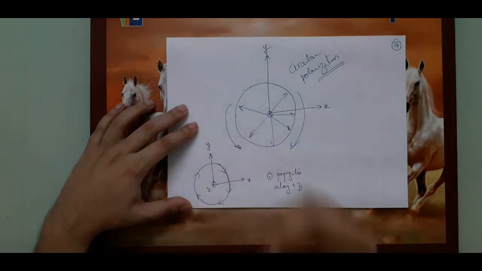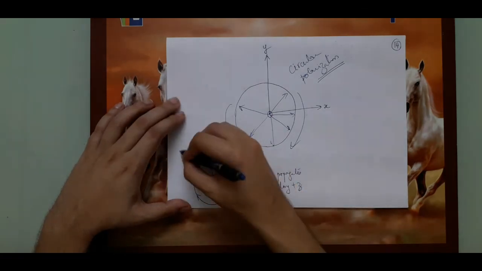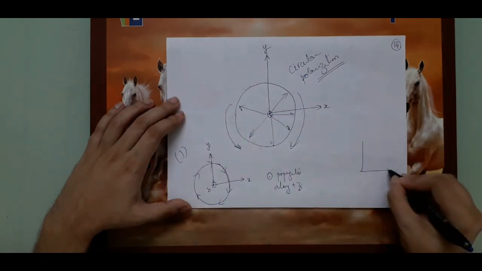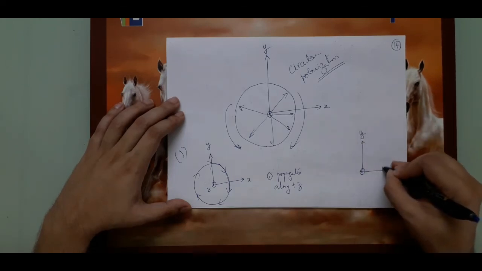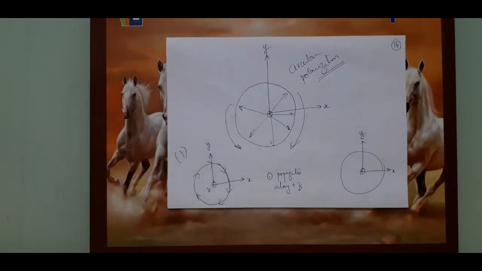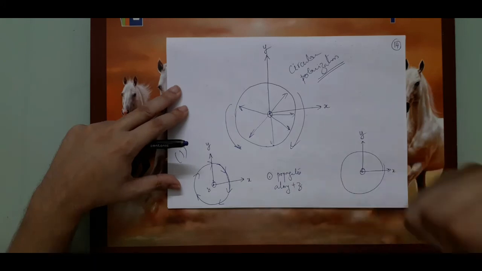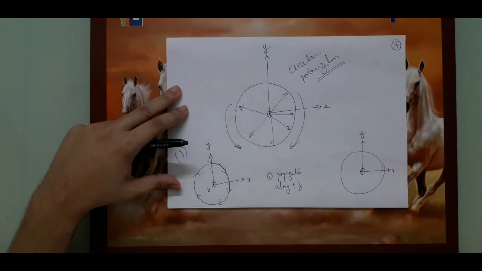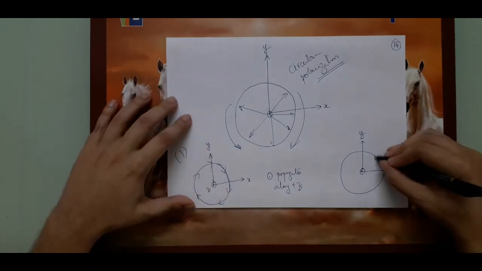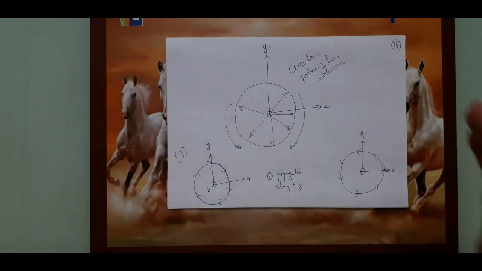If this is the locus path, this is one option. The other option is when I again have a circular polarization, and the wave is again propagating along plus z, but my right hand gives the direction of the locus of the E field. This is clockwise, this is anti-clockwise.